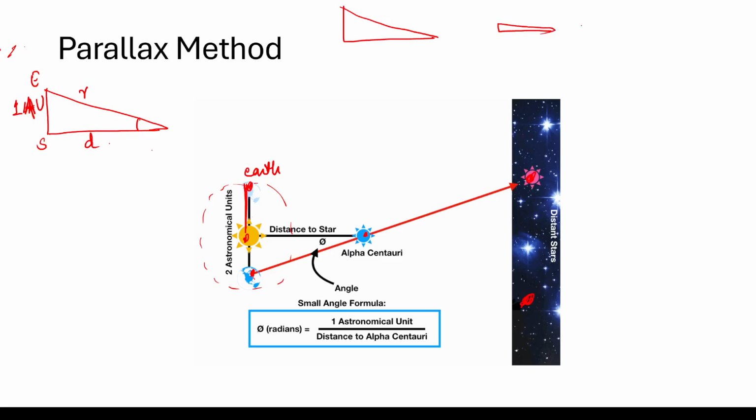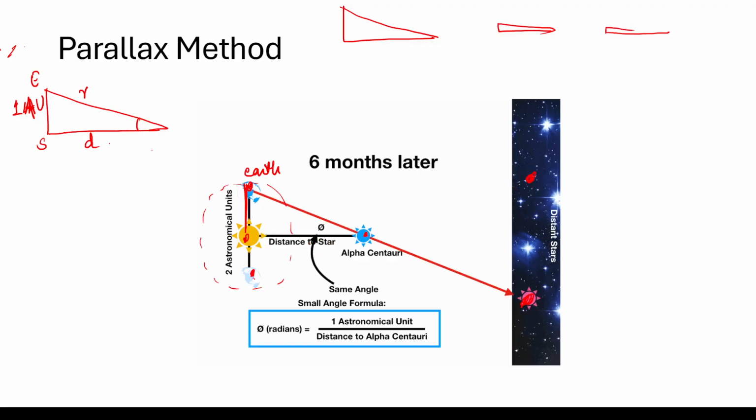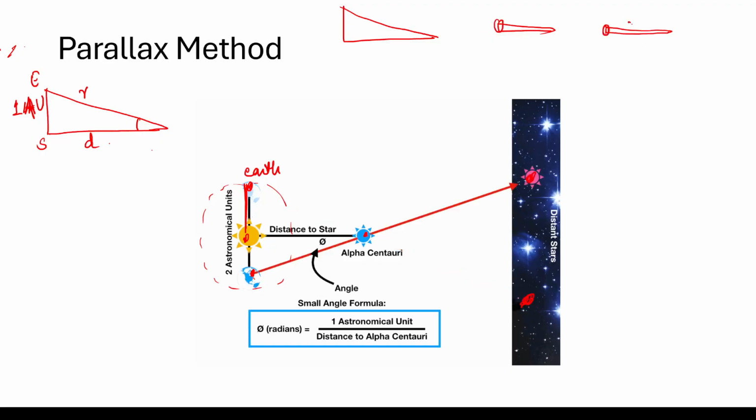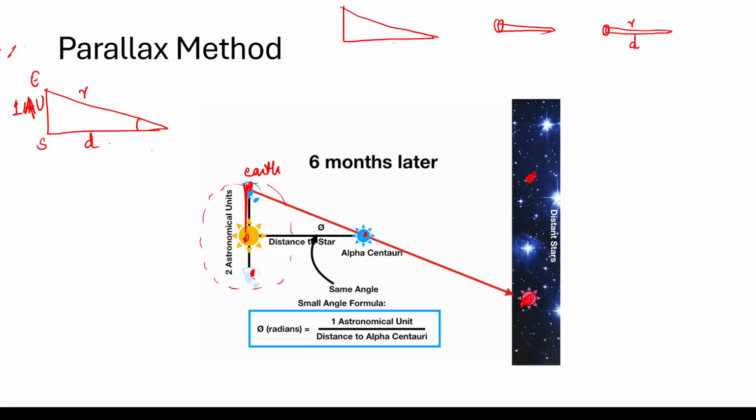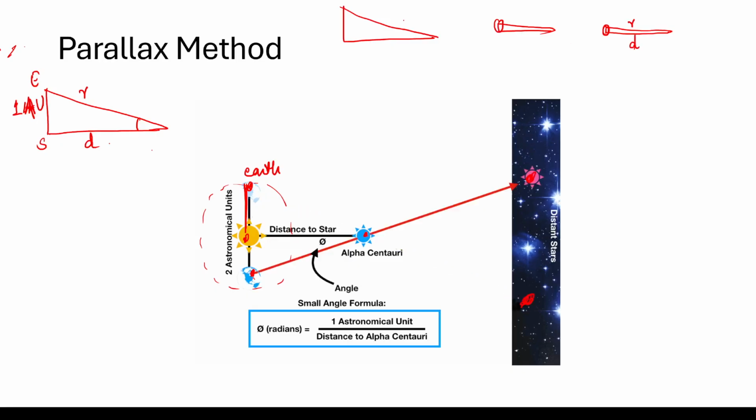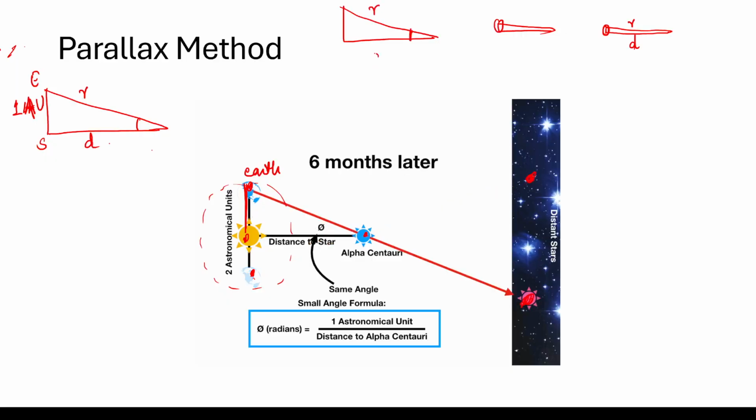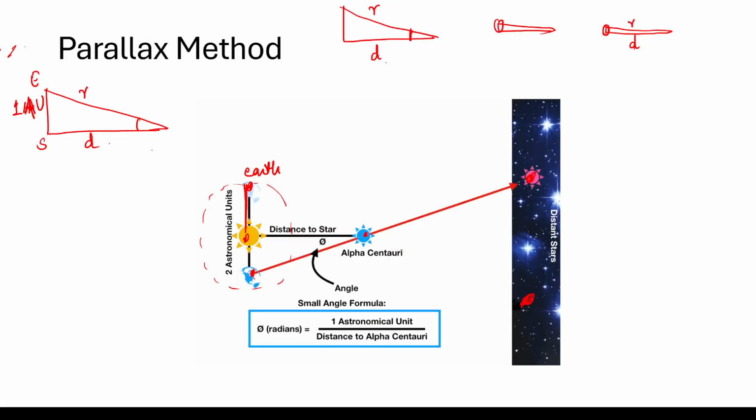I'm reducing the angle so low that this height becomes almost negligible. So R and D are almost the same. These angles are so small that the hypotenuse and this side are almost equal.